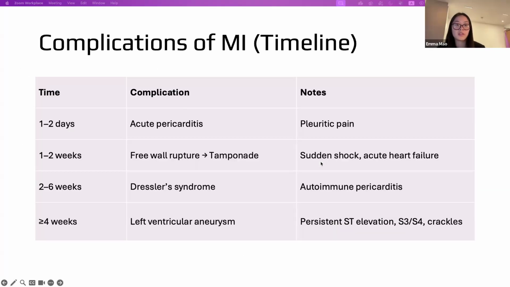And that's because it's granulation tissue forming, so the wall is weak. And then 2 to 6 weeks is Dressler syndrome, so an autoimmune pericarditis. And then over 4 weeks will be left ventricular aneurysm, so a persistent ST elevation, also S3 and S4 sounds, and then crackles you can hear.